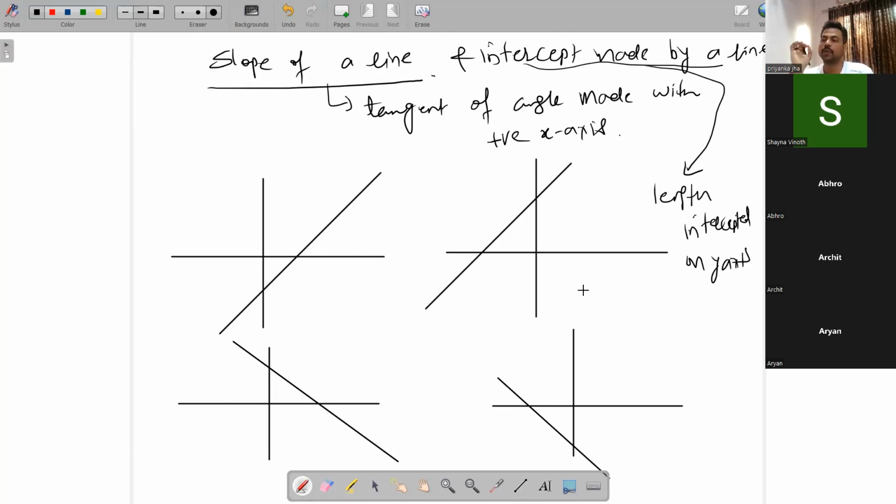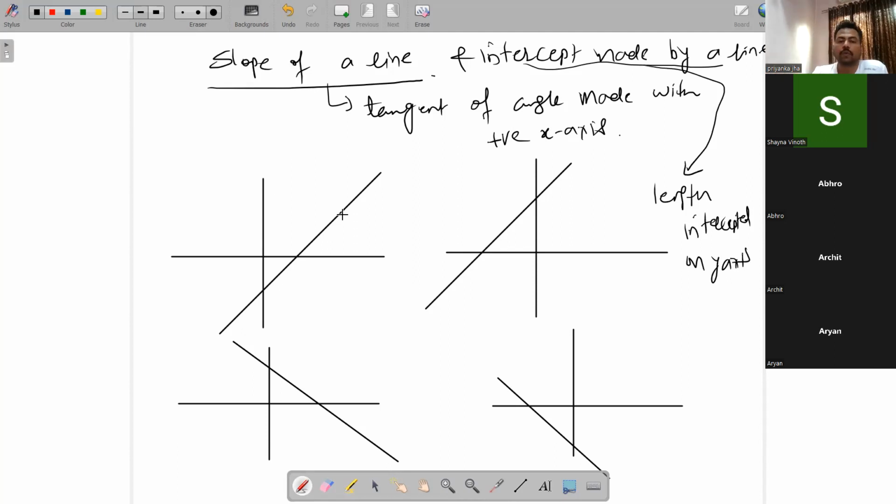Slope of a line means whatever angle a line makes with the positive x-axis, we take the tangent of that angle, meaning tan theta. That is your slope. And intercept means the length that is intercepted on the y-axis.